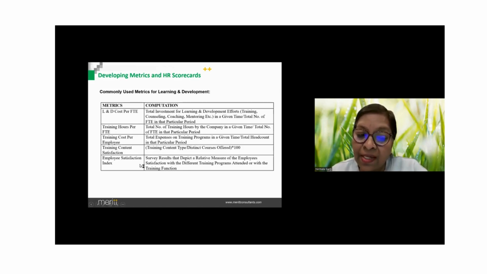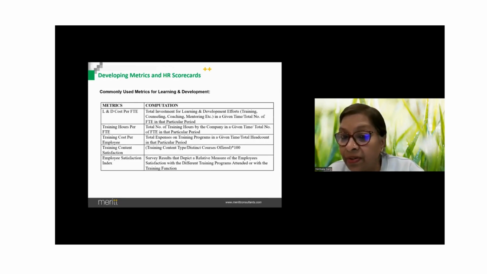We could also look at a satisfaction index in terms of how satisfied they are with the various training programs. So these are typically certain measures which we use for measuring our L&D department. Okay. Now tell me, this is from the operational aspect.